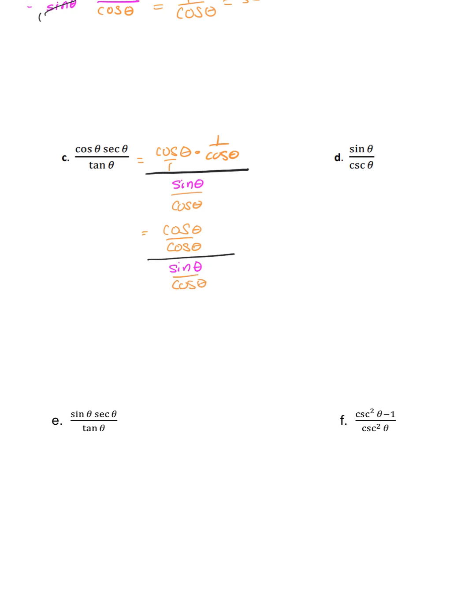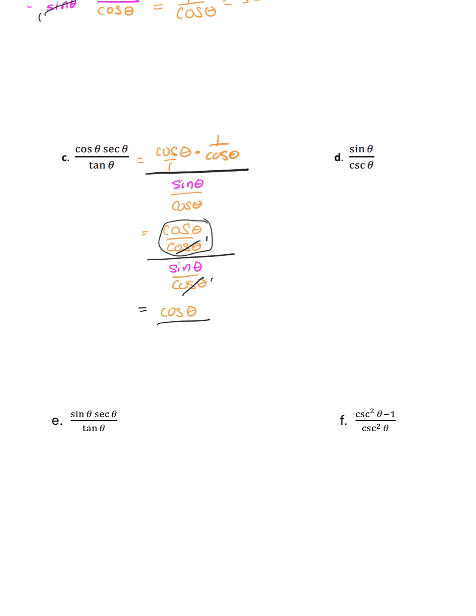Okay, there are different ways you can look at this. Hopefully, but if you're not sure, this looks like it's a 1. You can make it a 1, or if it makes it a little easier for you to see, I know that this denominator is the same, so this becomes a 1, and this becomes a 1. Okay, and what am I left with? I am left with a cosine on top divided by a sine on the bottom.